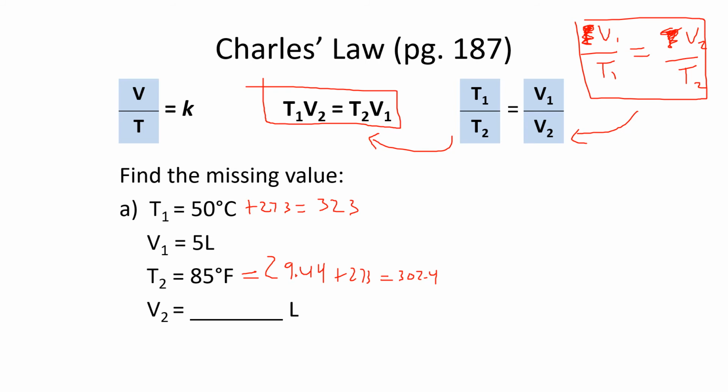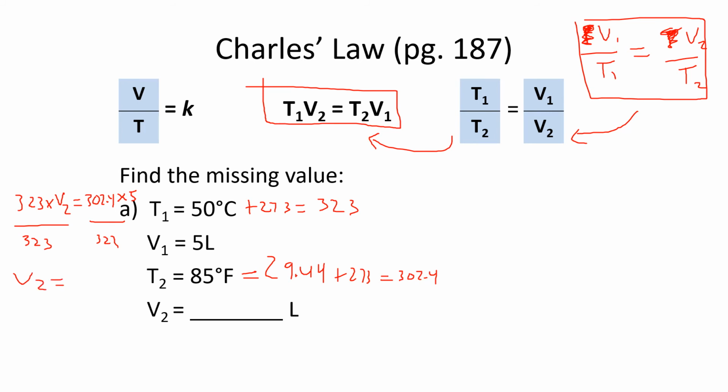T1, 323. V2 is what we're looking for. T2 is 302.4 and V1 was 5. So all we do is divide both sides by 323.